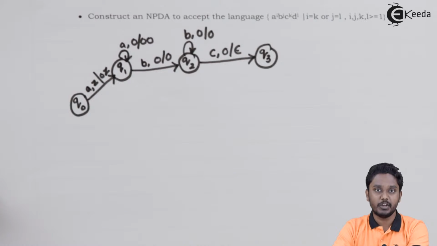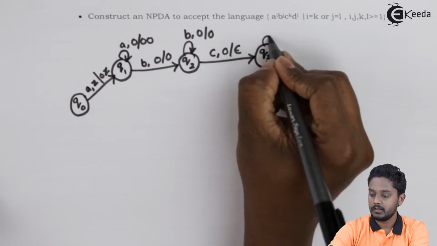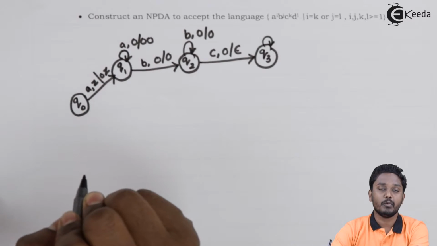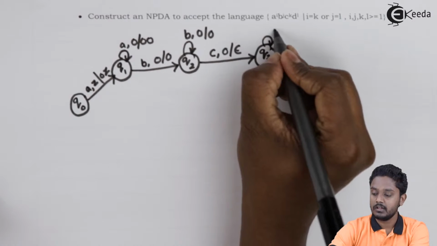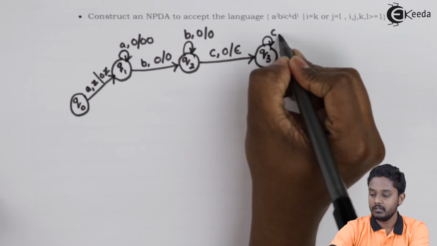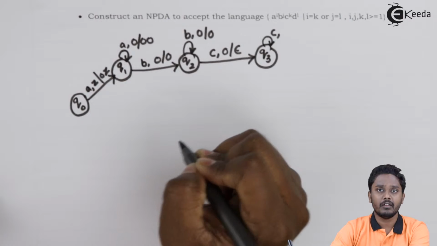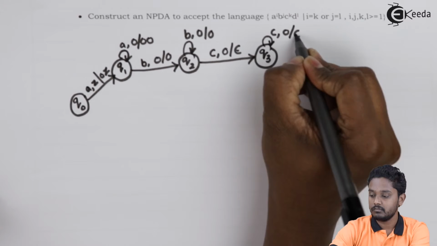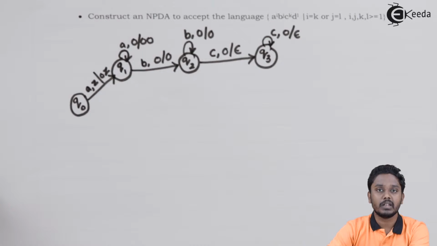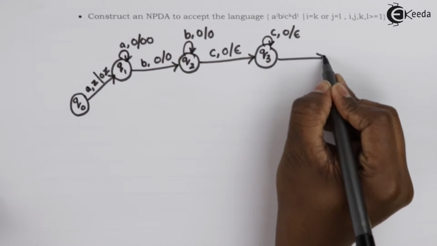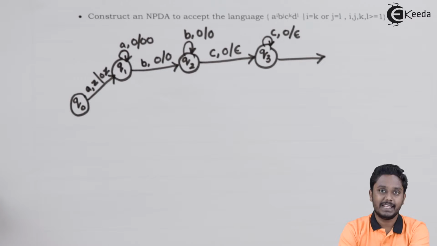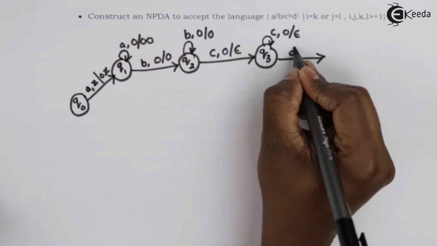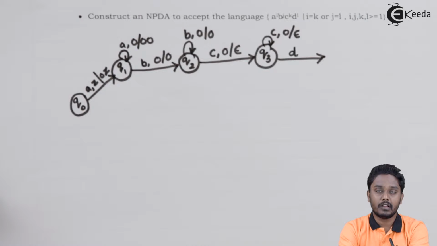Let us say the state is Q3. Writing the pop-off transition: C with 0 as the top of the stack, pop it off. Now we might encounter D's. When D is encountered, the top of the stack must be Z because the number of A's and C's are the same.